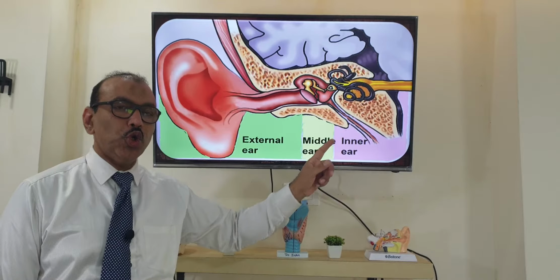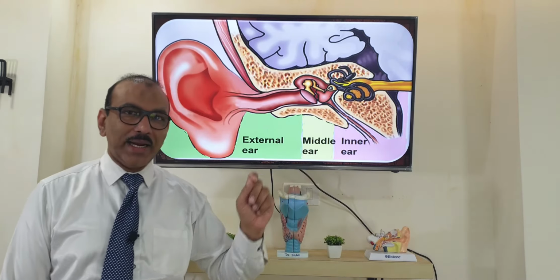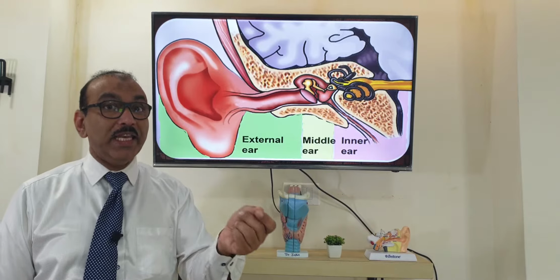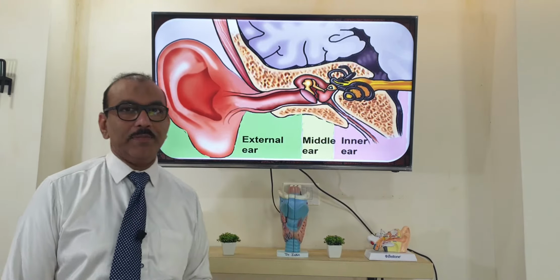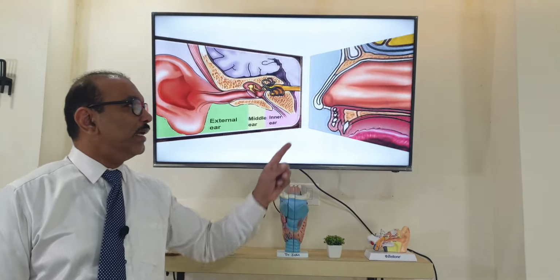So the eustachian tube is a tube which connects the nasopharynx, the area behind the nose, to the middle ear. Normally, this tube is closed. It opens only during swallowing. A normal person swallows 800 times per day.